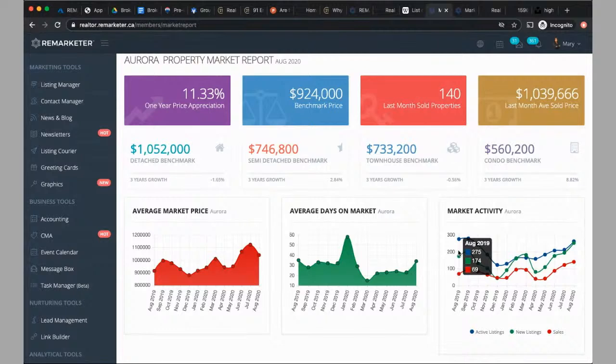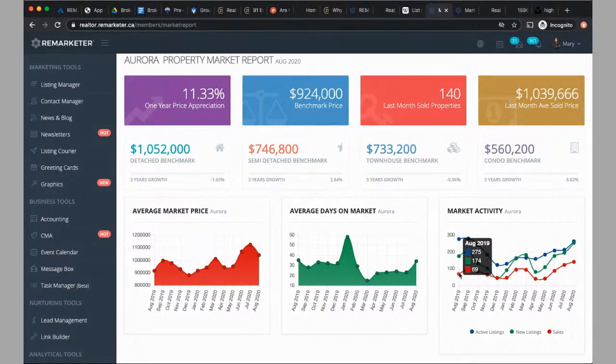You could see how dramatic things were last year, and this is why we had areas like Aurora and Richmond Hill and Newmarket, and some other areas had more decline when we had a decline in demand in the past 2 years. So we had a lot of properties staying around in the market. 174 properties came into market in Aurora, and only 69 of them managed to sell.